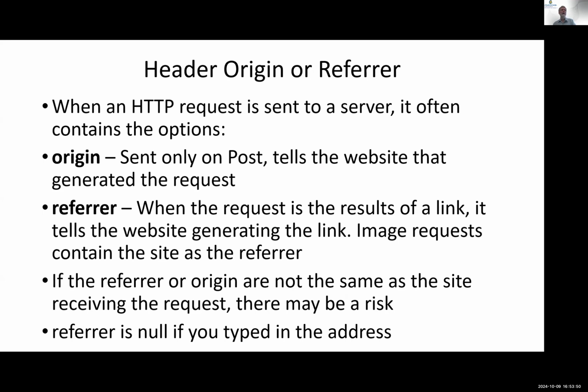Websites like to know where their requests are coming from, who directed me here, because that's a big part of keeping track of all the information, which is a huge business on the internet. Who is using what? Referer, same thing, who got you there. And if they're not the same, then you may have an issue. Oh, yes, and referer is null if you typed it in. Nobody referred it, you just did it yourself.